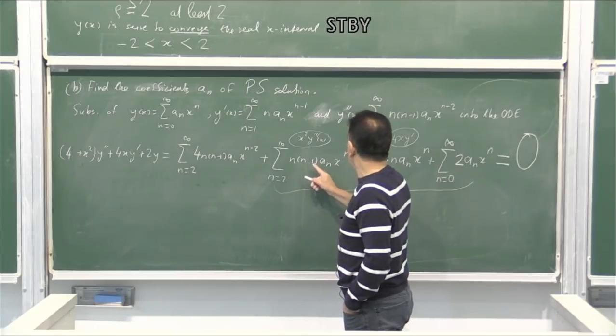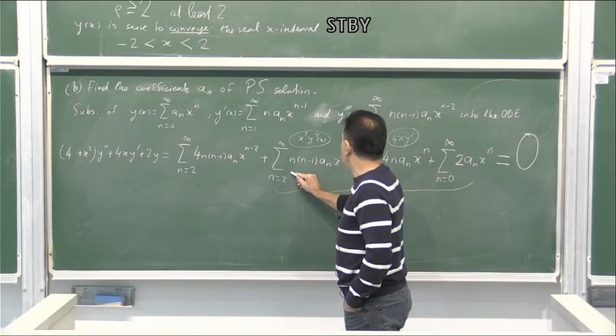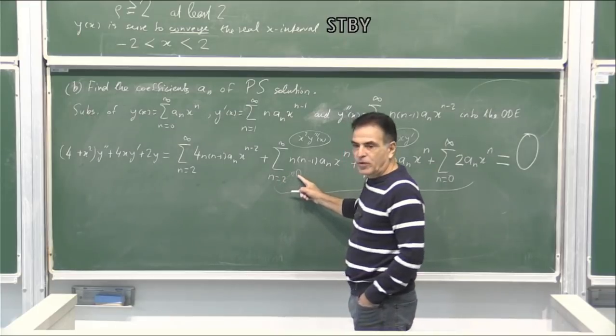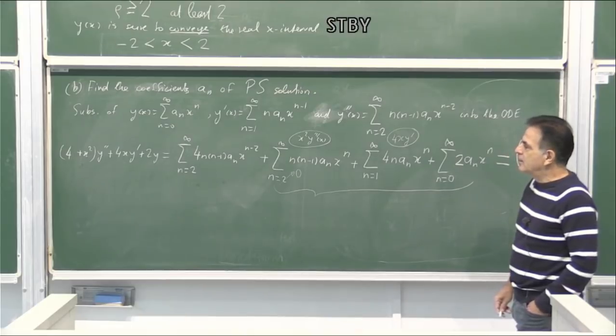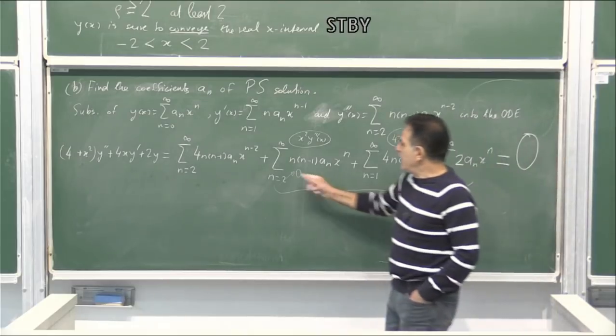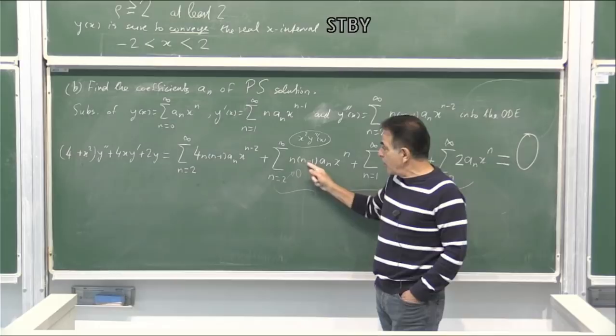We can take the lower limit as 0 without any trouble, because we add the 2 terms corresponding to n equal to 0 and n equal to 1, both 0.